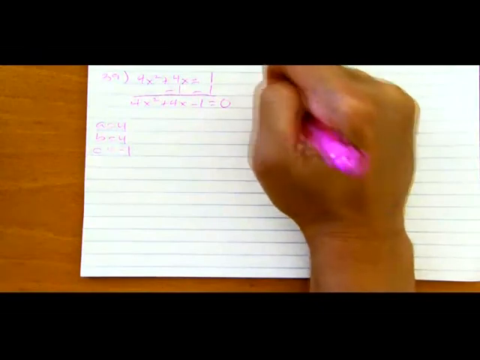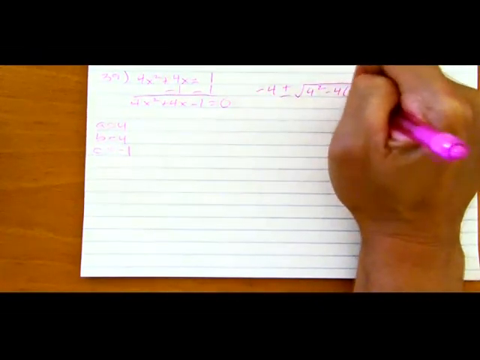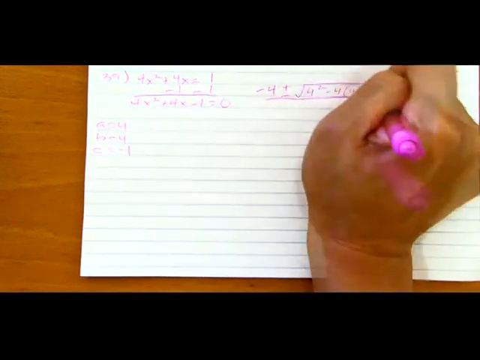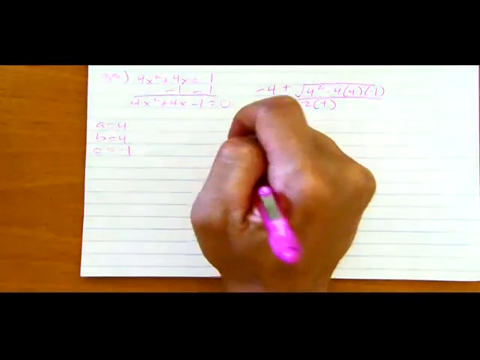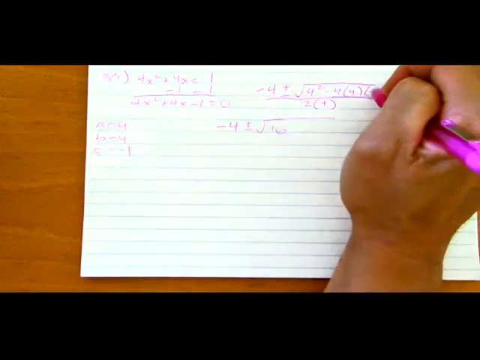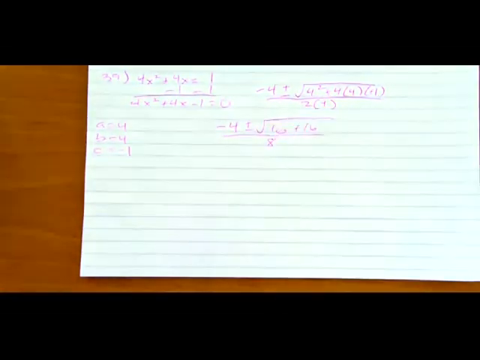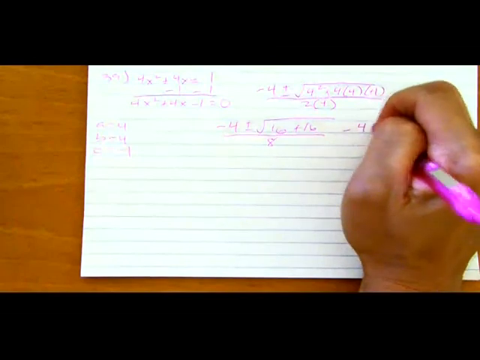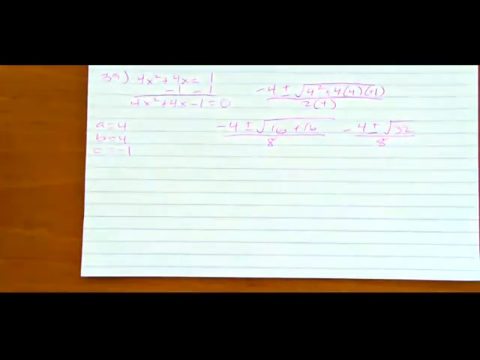Negative B plus or minus square root of b squared minus 4ac over 2a. Negative 4 plus or minus 16 plus 16 over 8. Negative 4 plus or minus square root of 32 over 8. Okay, we'll go for the decimal.